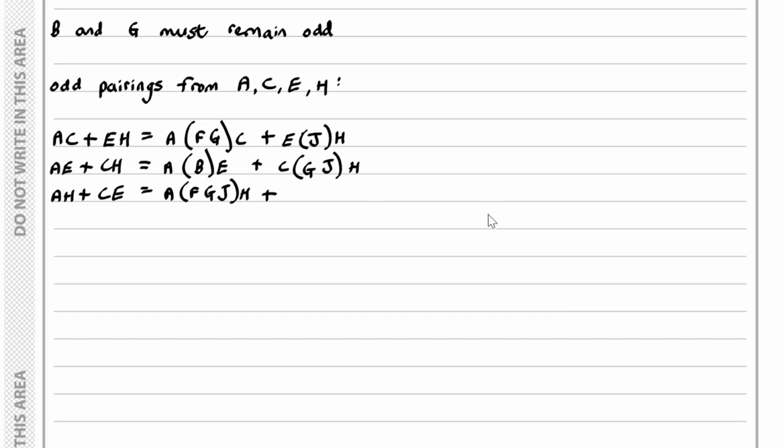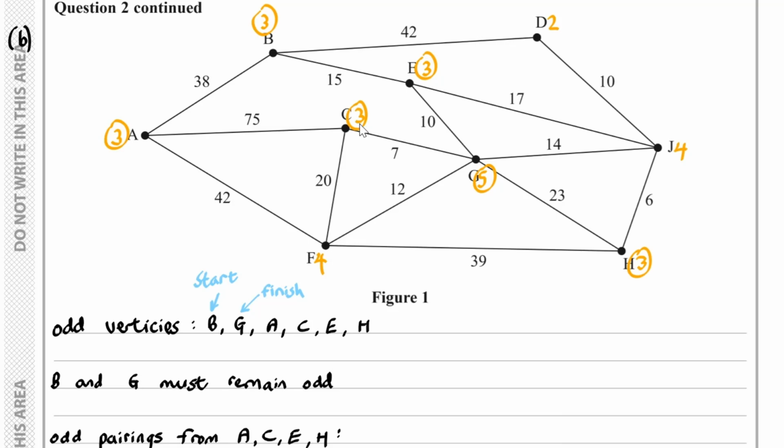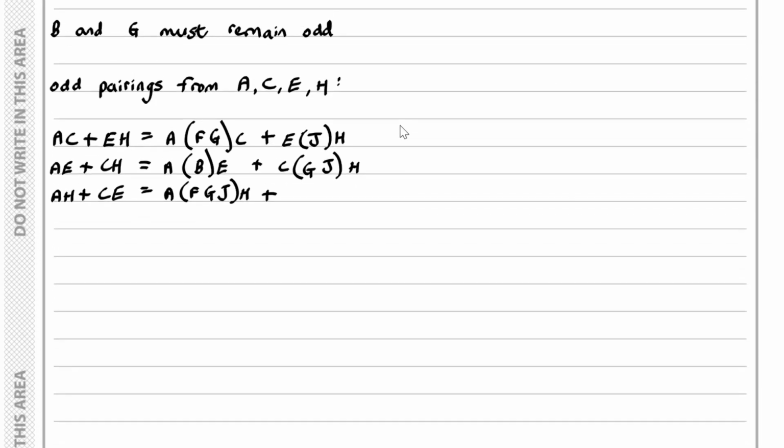And then CE, we can get to E from C via G. So we have C, G, E.